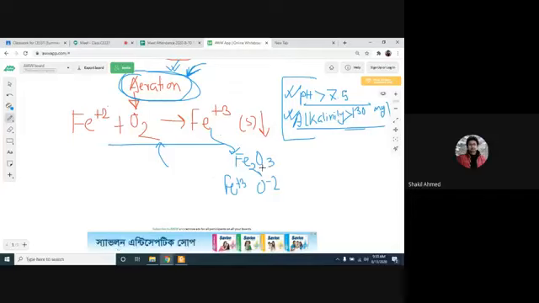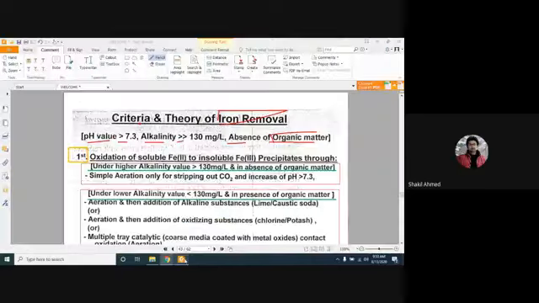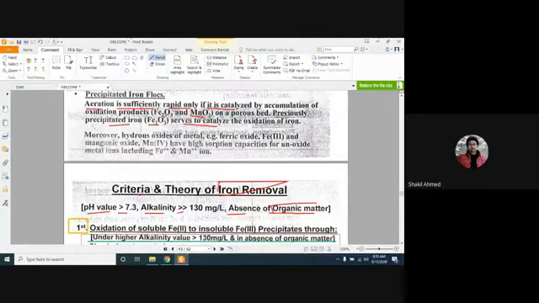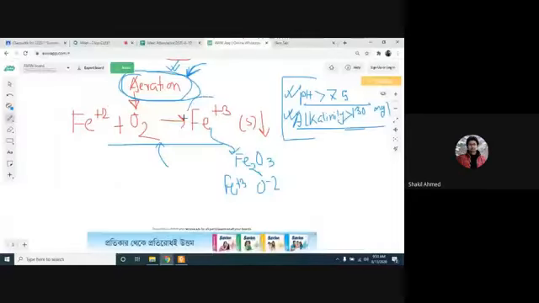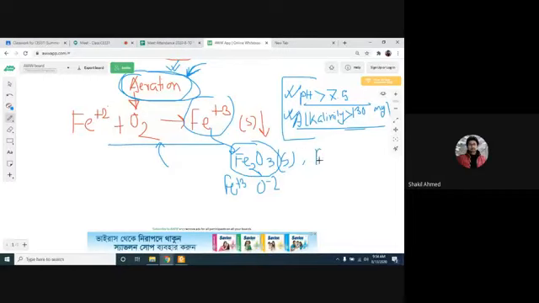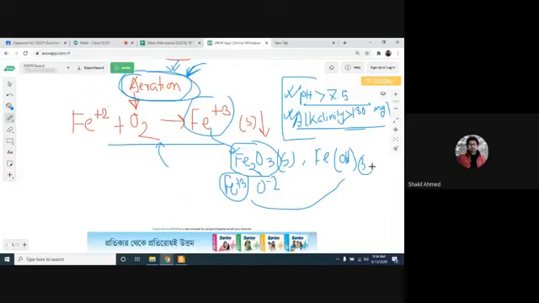Ferric oxide, Fe2O3. Okay. So this is basically the ferric form, the solid form. So when it precipitates, you will get this form, ferric oxide. And ferric hydroxide is also possible, Fe(OH)3, because it is ferric, so 3. This is basically solid. It will deposit like this.